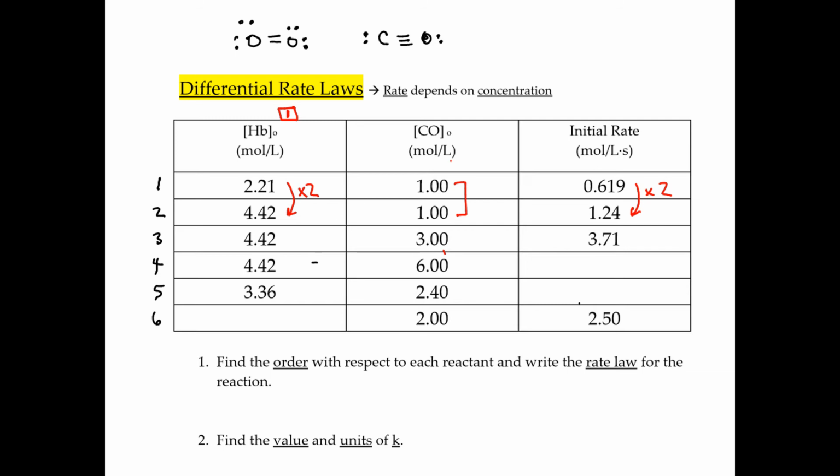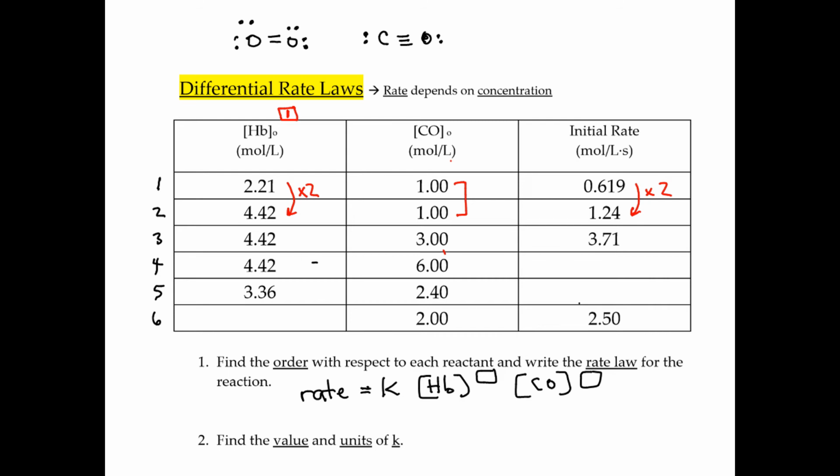Let me pause for a moment and write down what we're actually looking for here. Number 1, find the order with respect to each reactant and write the rate law for the reaction. A rate law is always going to be rate equals a constant, which you can find, times the concentration of each reactant, in this case hemoglobin, raised to a power, times the concentration of carbon monoxide raised to a power.